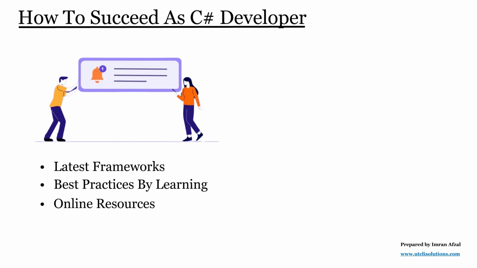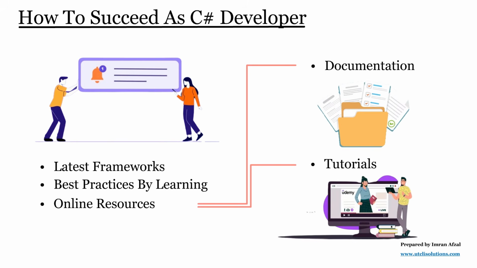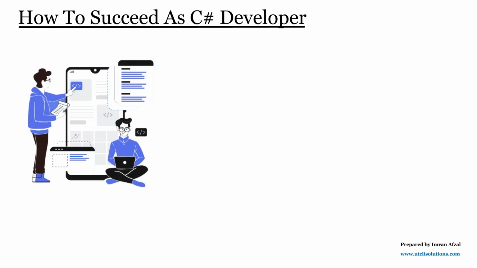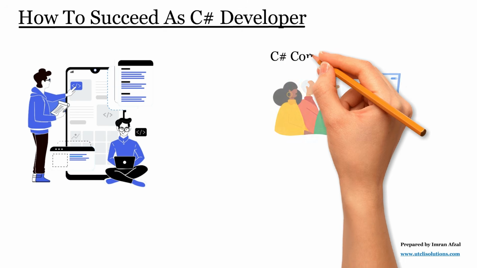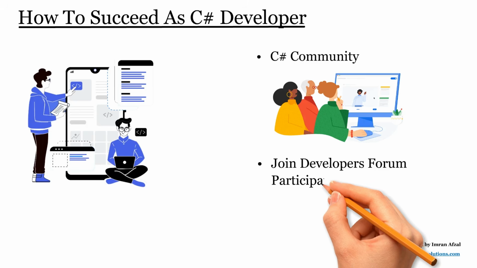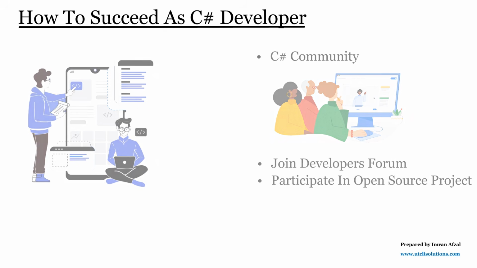There are many online resources where you could get your training, documentation, tutorials, and participate in forums to expand your knowledge. Also, apply your knowledge by working on real world projects. Then engage with the C Sharp community, join developer forums, and participate in open source projects. There are many that you will find online.